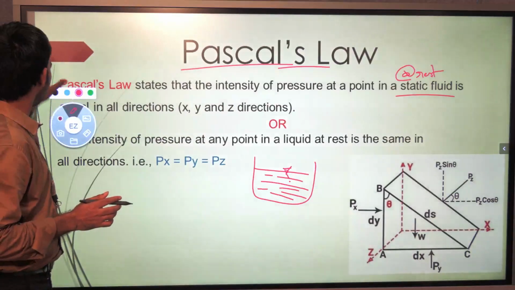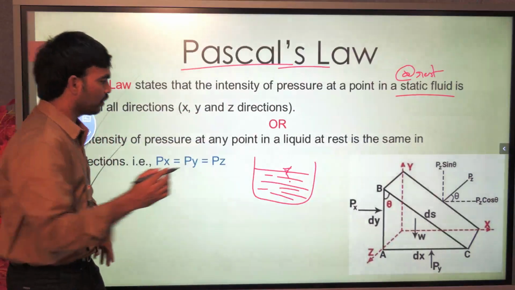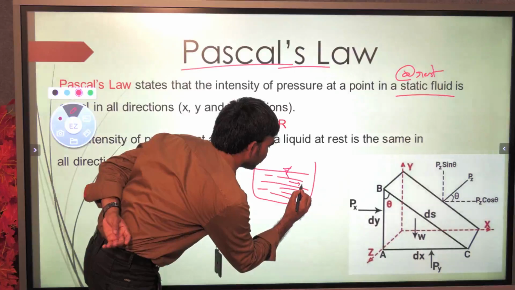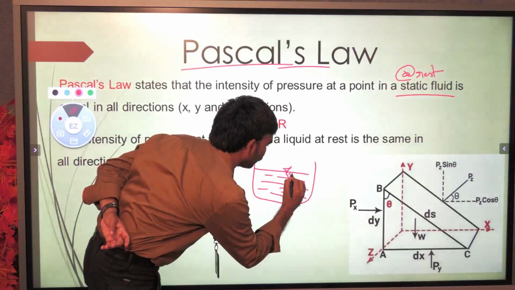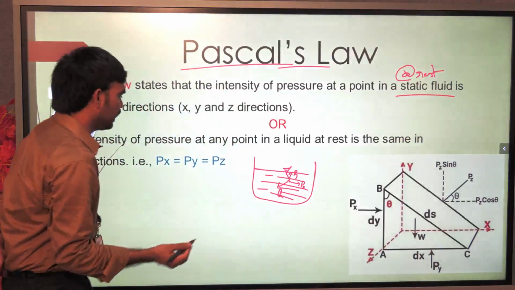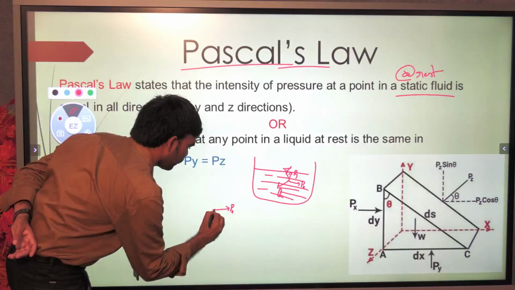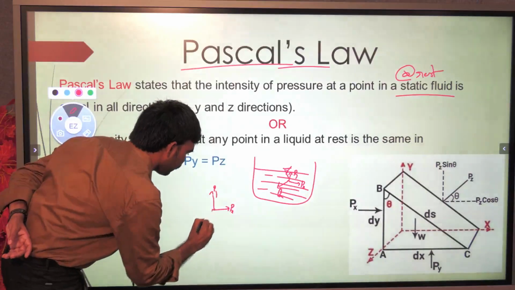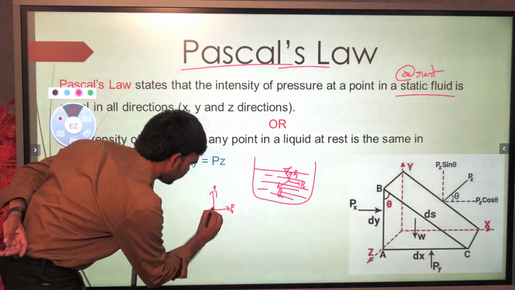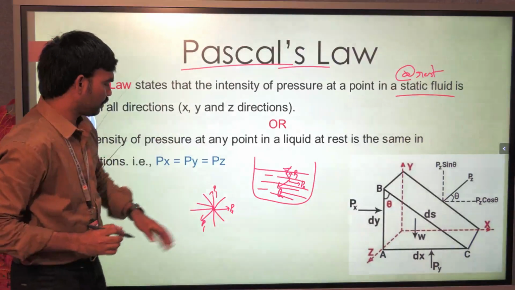If you measure the pressure in different directions, Px will be equal to Py will be equal to Pz. In other words, this is the point pressure. If you measure the pressure here, or here, or here, the intensity of the pressure is the same.